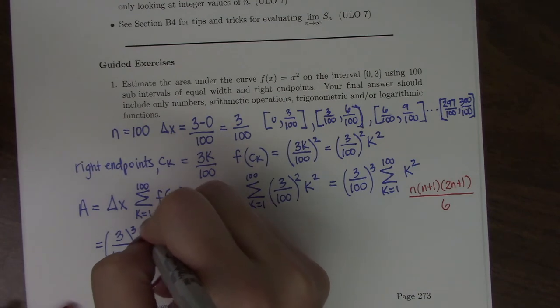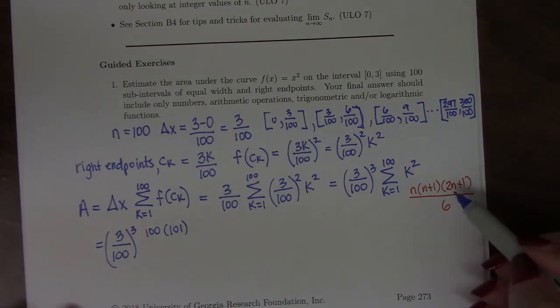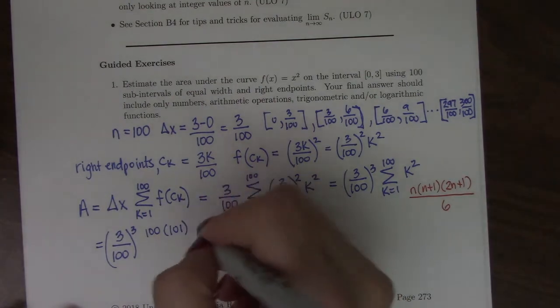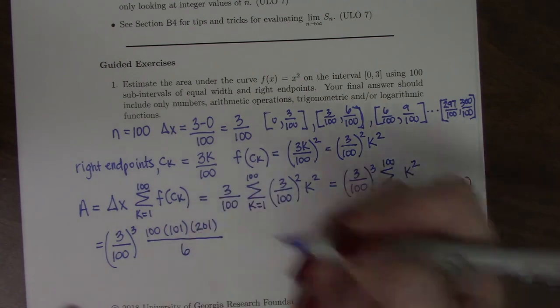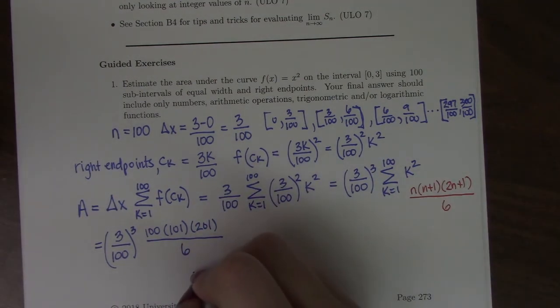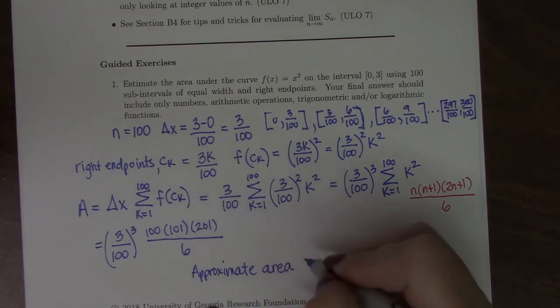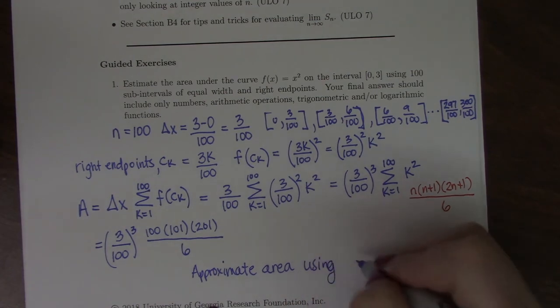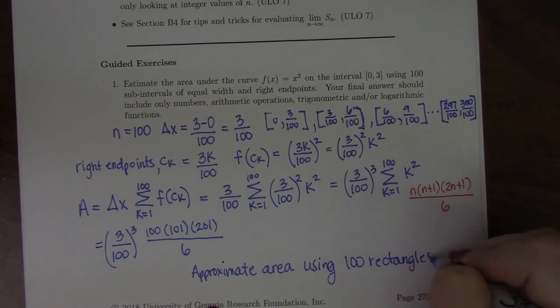So that's 100 times 101, 2 times 100 is 200 plus 1 is 201, all over 6. So this is the approximate area using 100 rectangles.